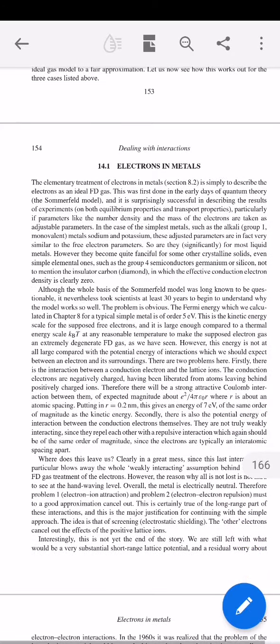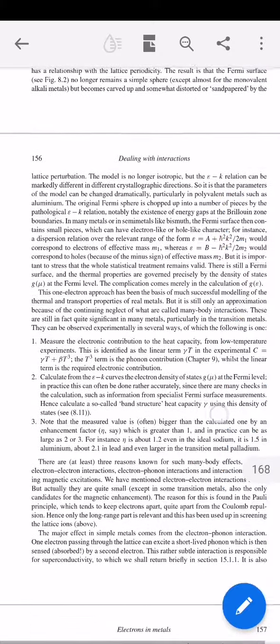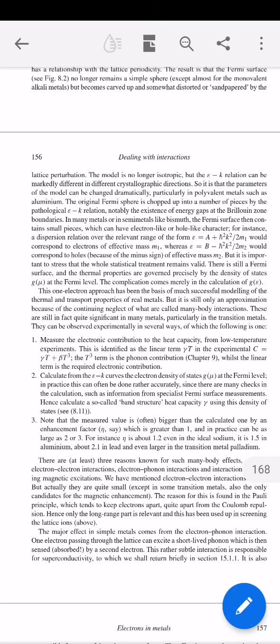Electrons and metals, conduction bands, electronic vibrations, molecular electronic free electrons, electronic acceleration and molecular vibrations, electronic contributions to heat capacity from low temperature experiments. That's C equals gamma T plus beta T cubed.